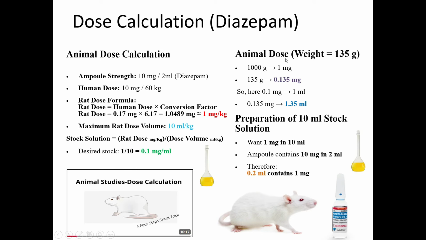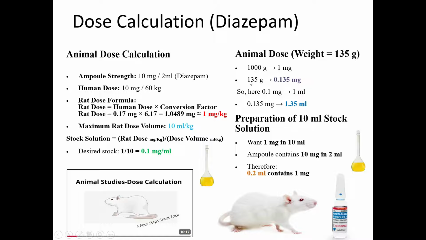Now we will go ahead. Animal dose: suppose we have an animal and its body weight is 135 gram. For 1 kg rat the dose is 1 mg, as we have calculated. So we have converted kg into gram: 1000 gram needs a 1 mg dose.